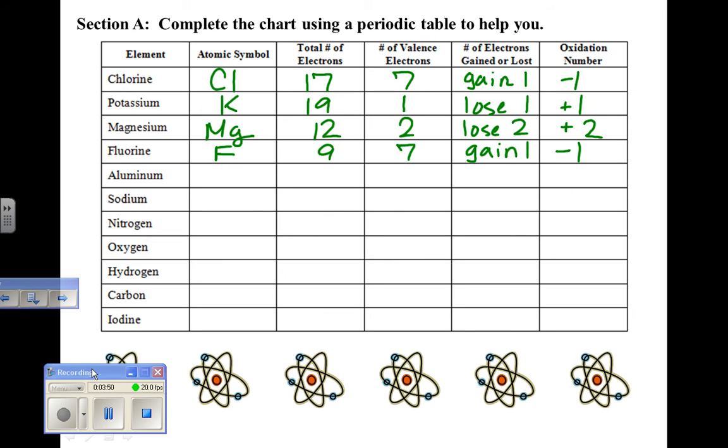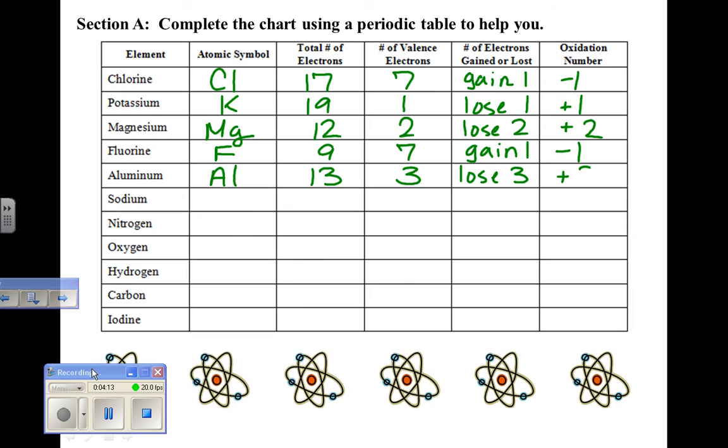Okay, aluminum. Symbol, Al. Electrons, 13. Valence, 3. Gain 5 or lose 3? Lose 3. So losing 3 negatives would be +3.